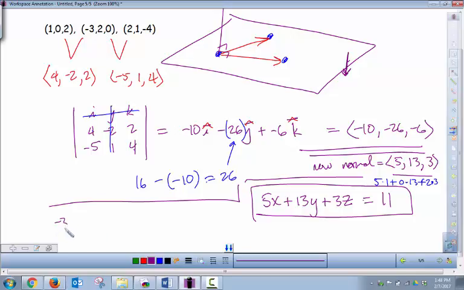So if we take negative 3, 2, 0, and then we dot this with the normal vector 5, 13, 3, then this should be negative 15 plus 26 plus 0, which is the same number, right? It should be like that if it is in fact on the plane, and then you could do the same for 2, 1, negative 4. You'll see that if you dot 2, 1, negative 4 with the normal vector, you're also going to get 11.